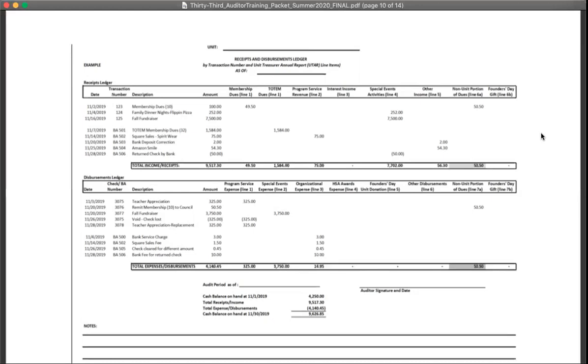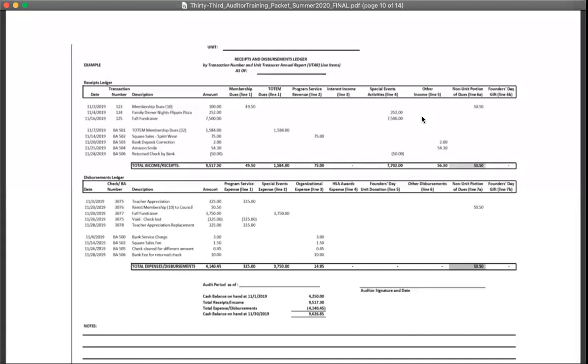Also, there was one person that was saying that some of this type is pretty tiny. And Lisa was saying that she would need to stop screen sharing and make it larger, but I think I just wanted to show you an example of a ledger report because it says in the audit checklist that you receive a ledger report.